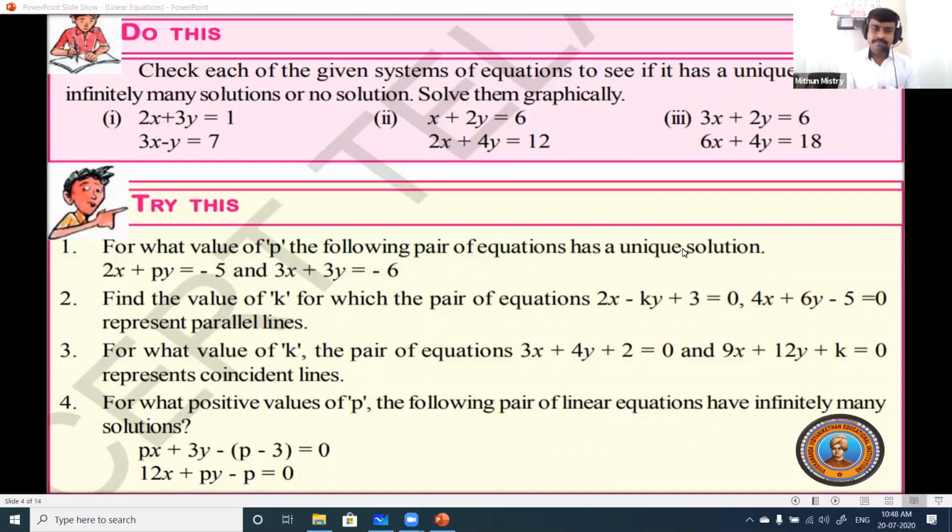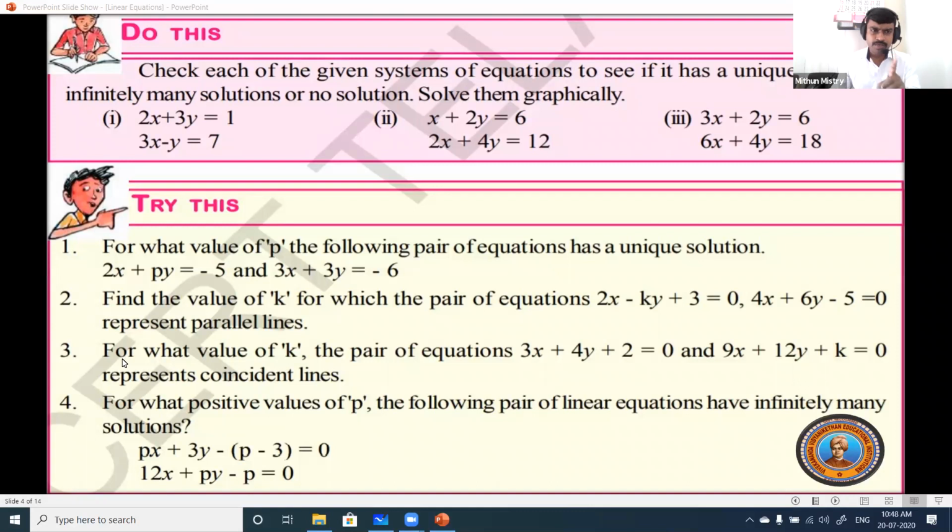Now, one important thing: in every year's annual exam, paper 1, we will get one question like this, like 1 or 2 or 3 or 4 questions like this as 1 mark, and if your thinking is good, for 2 marks, right? So definitely we have to practice this question. Now Manpreet, this question is given in do this, try this. This type of question we don't have in the exercise questions.